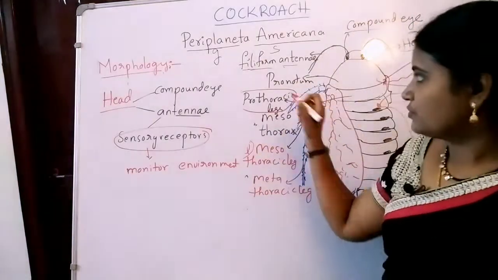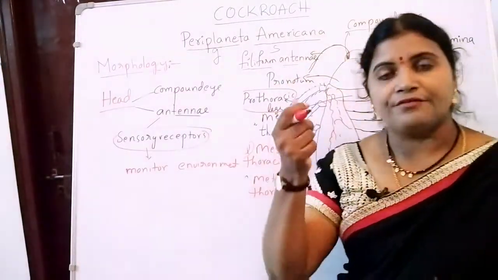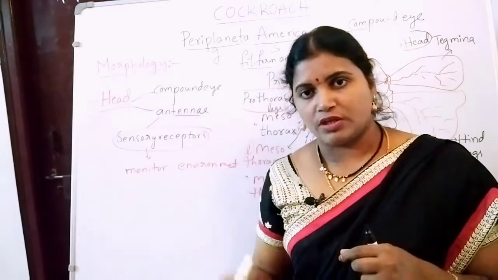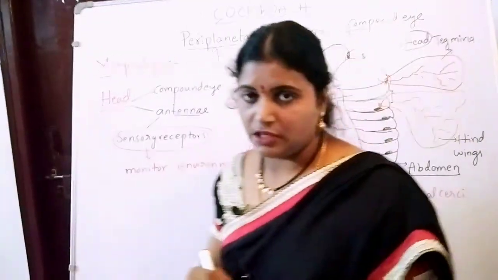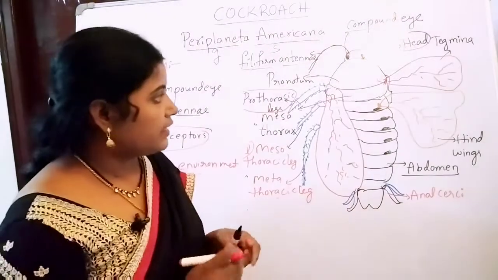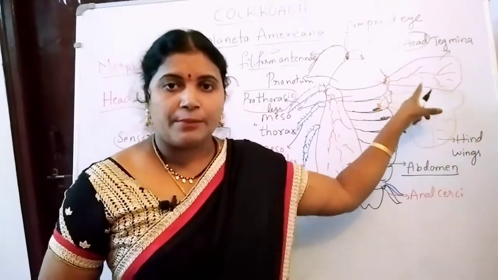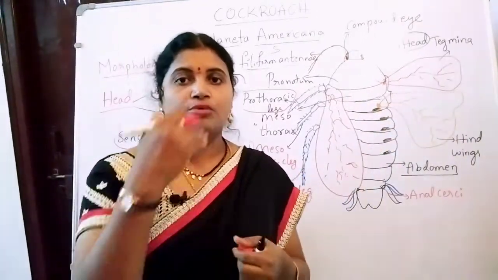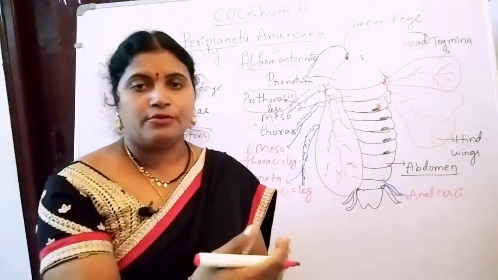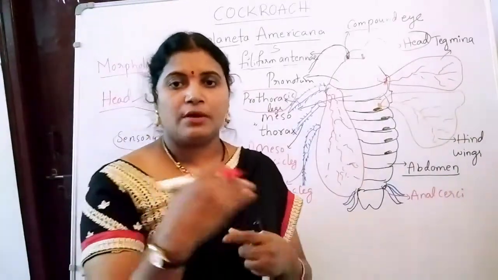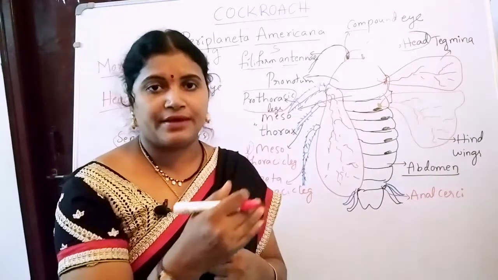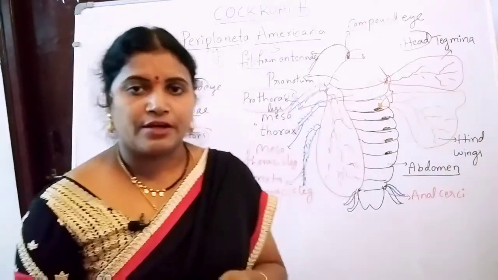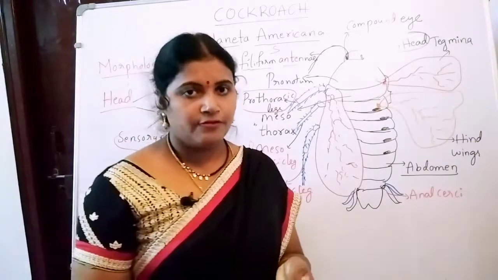Everything is received by these filiform antennae, which are present just above the compound eyes. It also contains a pair of wings, present beyond the abdomen, in the thorax portion, and this pair of wings is responsible for flight.